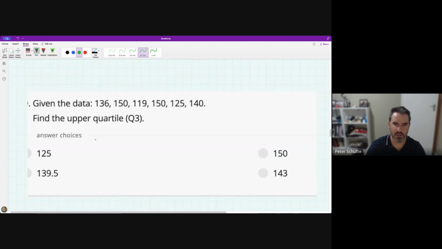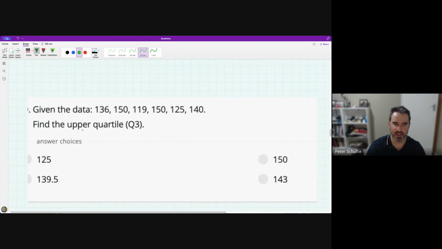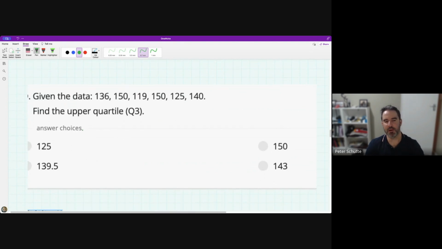Okay, let's go for this one before we have a break. Find the upper quartile for that data set.